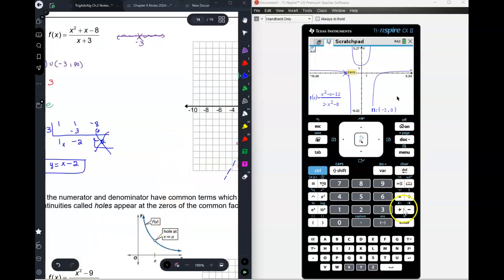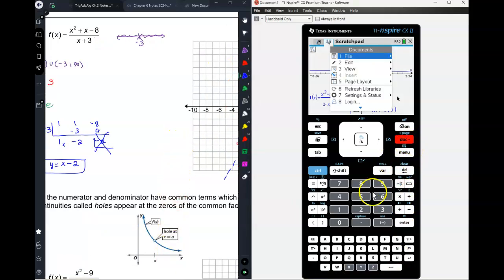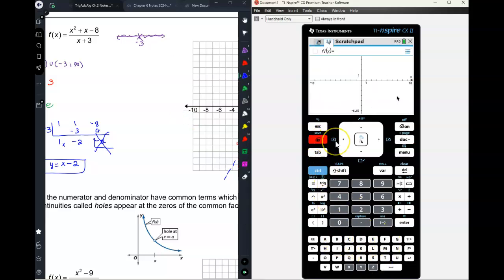Okay, let's graph this one now. Doc B. Let's go here. What do we have? We have x squared plus x minus 8. That is all wrong.